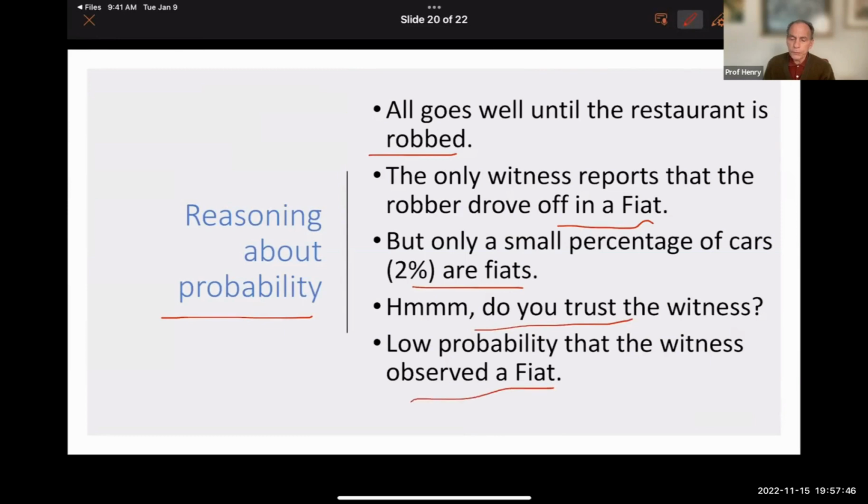Because the probability is only 2%, you can't definitively say that the robber drove off in a Fiat. It could be true, but the probability is small. It could have been dark that night.